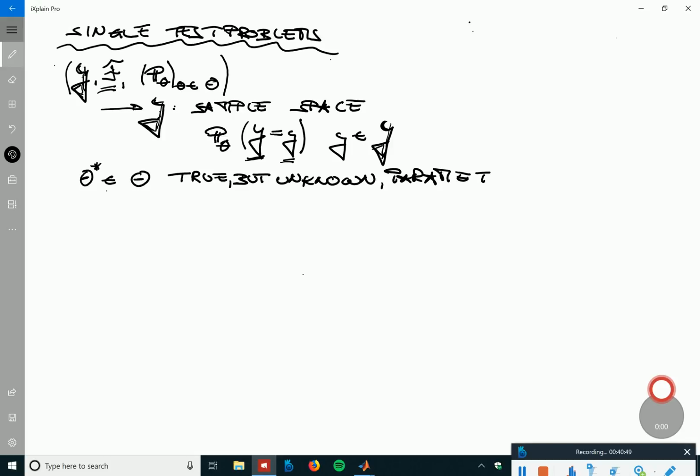Although I'm going a little bit back and forth whether one actually needs this. In the example that we've just seen, we had our true but unknown beta star and our sigma square, true but unknown, making up the true but unknown parameter.